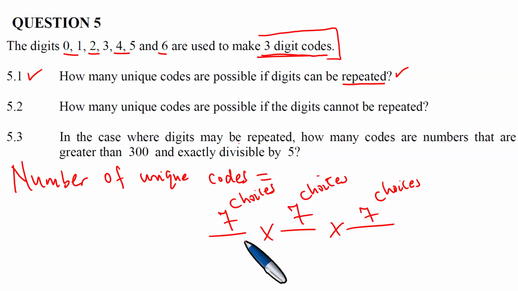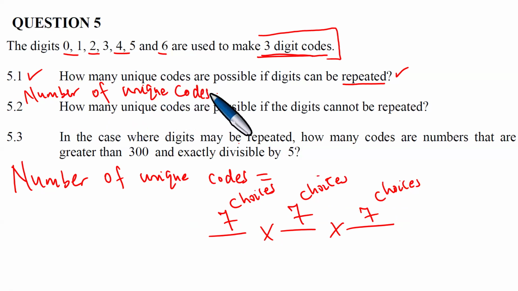Now, take a look. What is the number of unique codes? It's going to be 7 times 7 times 7, and 7 times 7 times 7 is 7 cubed.